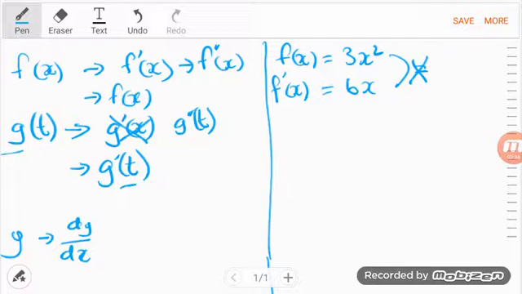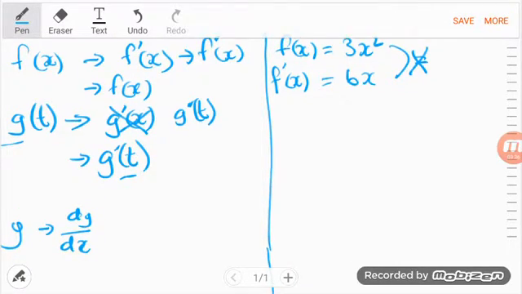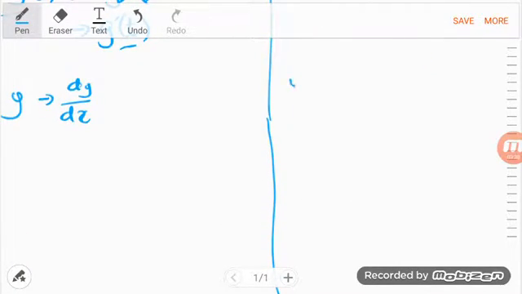Like above here, we've got 3x squared. If we had y equal to 3x squared, then we would have dy dx, because that's our main variable that we're differentiating with respect to. So that's why we would have x underneath here.